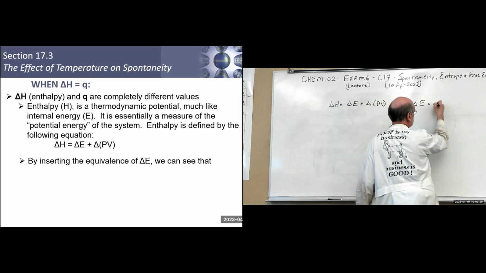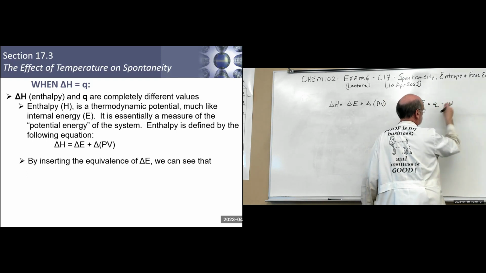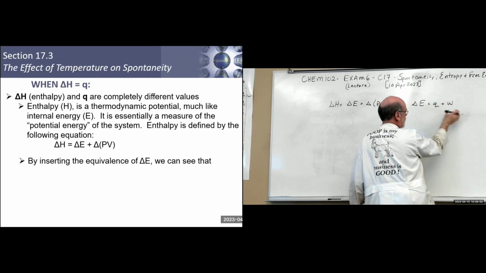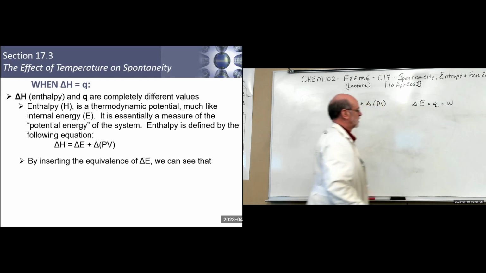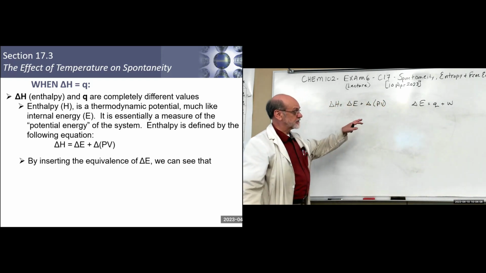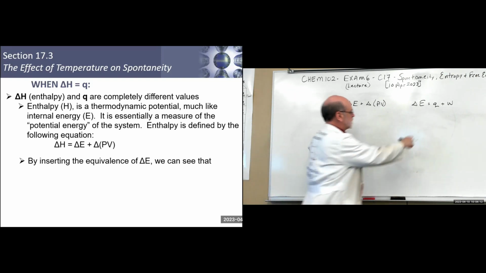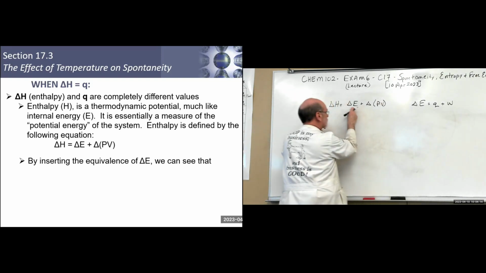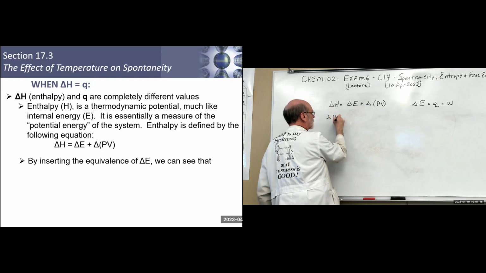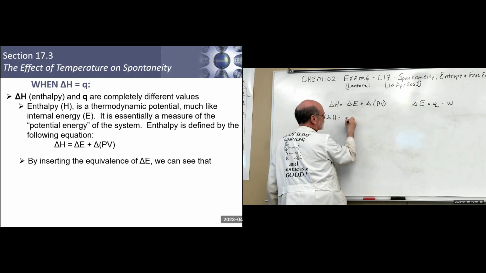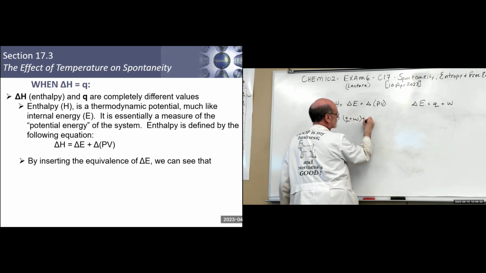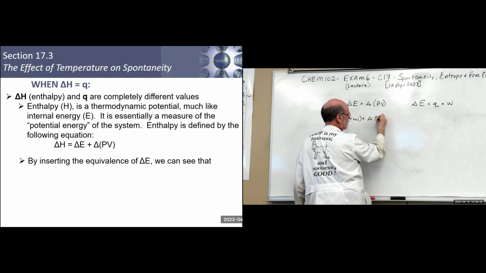Remember, delta E is equal to Q plus W, so heat transfer and work relative to the system. If we insert these values in here, now we get delta H equals Q plus W plus delta PV.